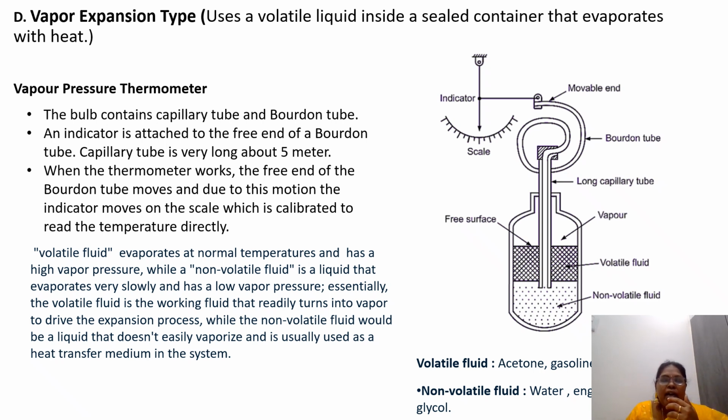As the pressure increases, it will produce some deflection based on the temperature. So in all the solid, liquid, gas and vapor types, how much it gets deflected will be calibrated into temperature changes.